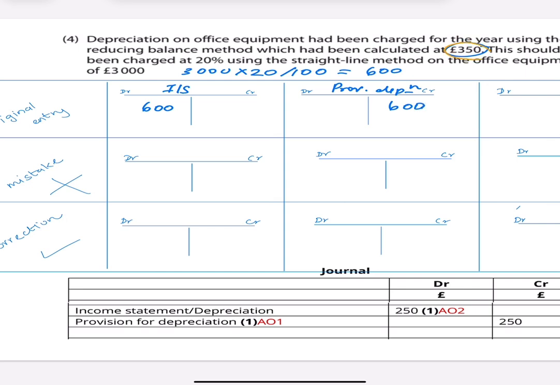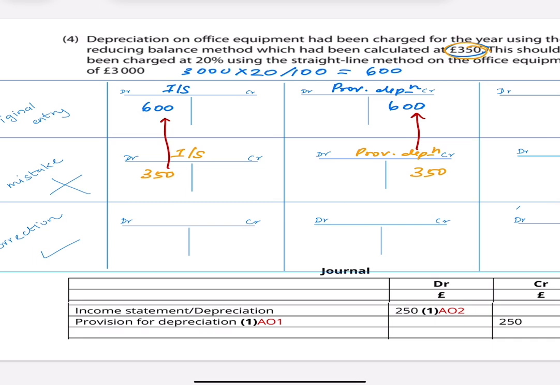What was the error? They have entered in the income statement 350, credited provision for depreciation by 350. Now you have to bring back to the original entry. So you can see it's understated.